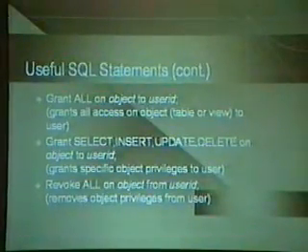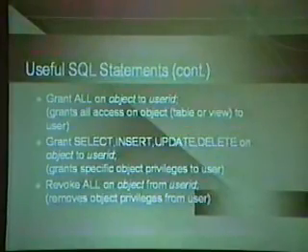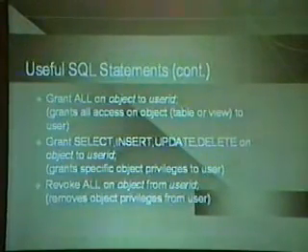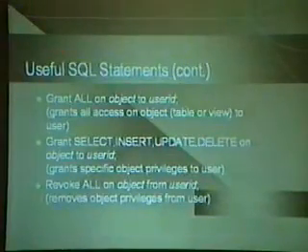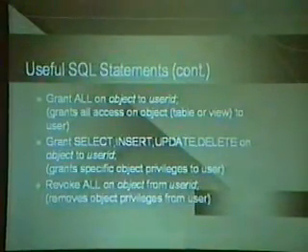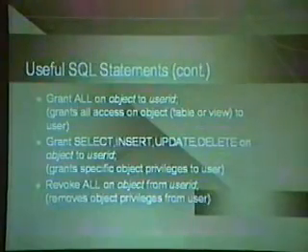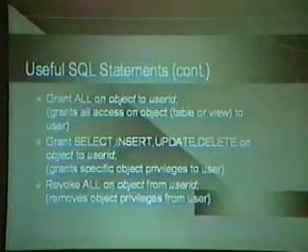You can grant specific privileges, so if you want to just grant read access to a user ID, you could do grant select on the table to the user ID, and that user ID would only be able to read that table. And you can revoke everything on the table from a user ID if you want to take away access on a specific table or object.